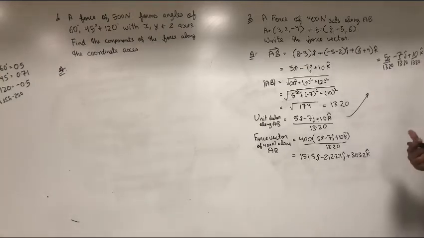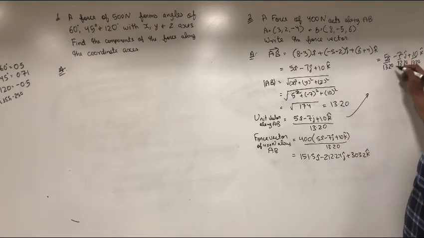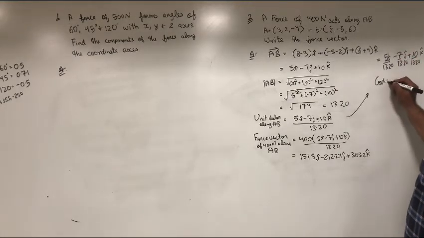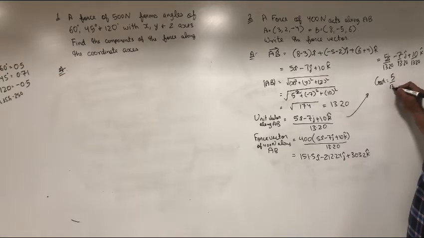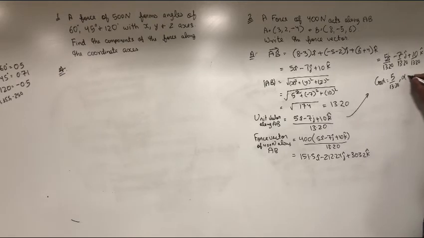So if in the question it is asked to find the angles, then cos alpha, that is the direction cosine, equals 5 by 13.2, and alpha is equal to cos inverse 5 by 13.20.